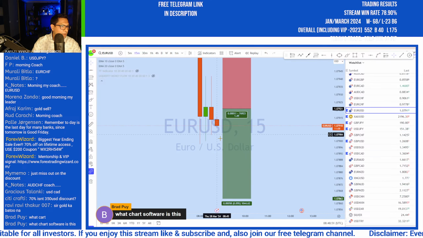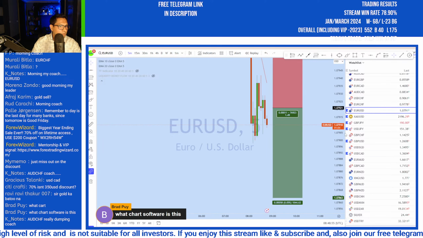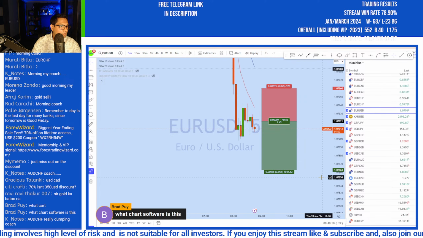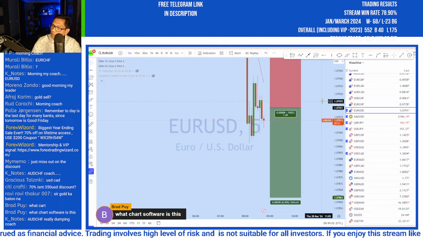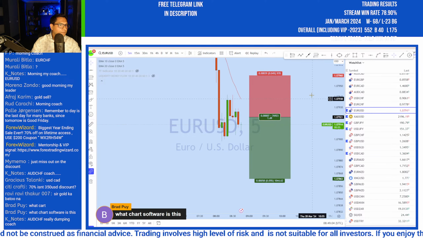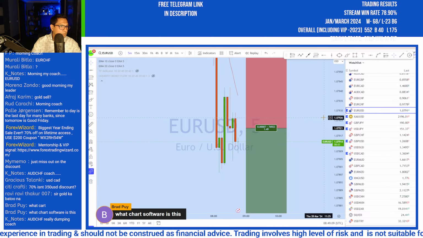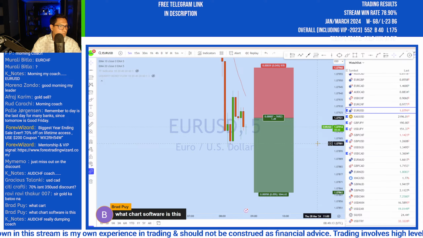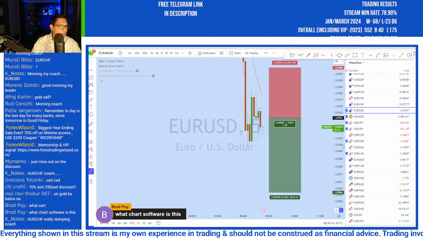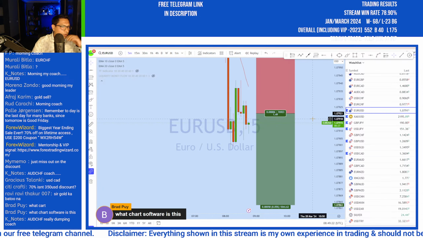So if the market managed to break this support level, I was expecting this 5 minutes candle to close as a red candle, which is very important.